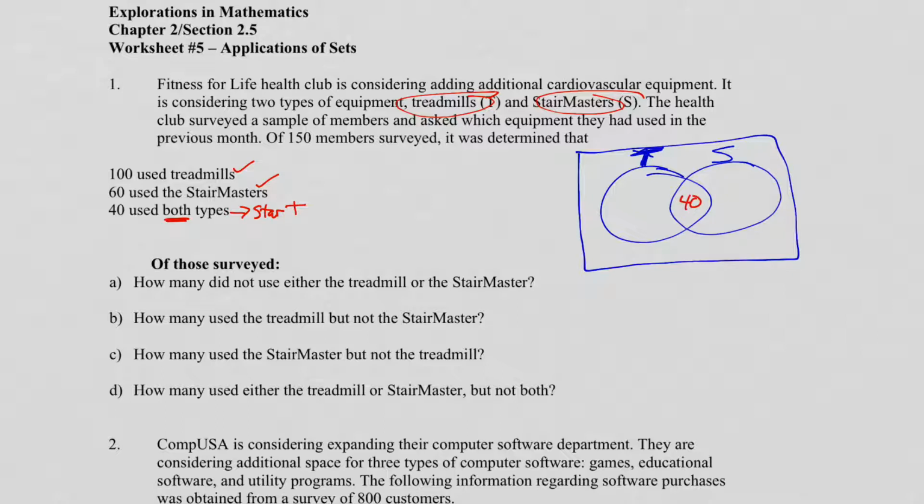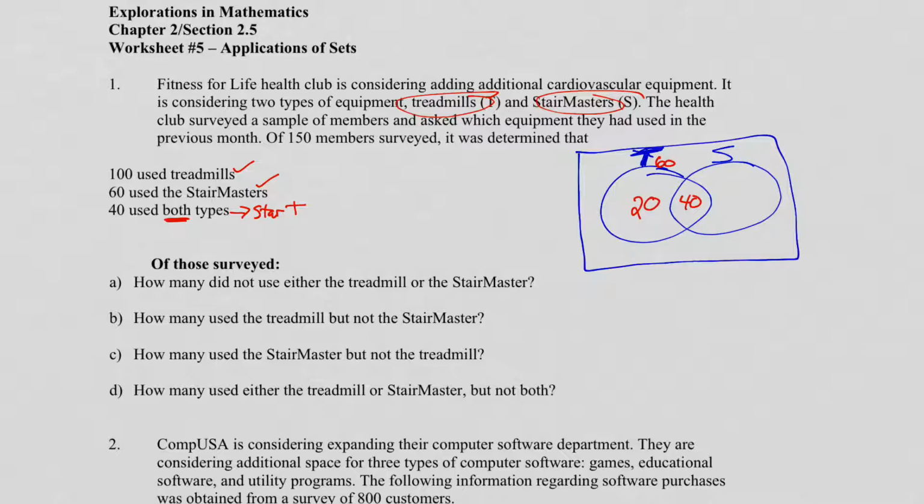Okay, and then 60, I'm going to write it above the circle because the 60 is the whole entire circle. So don't write the 60 in the exclusive region. You want to write 60 above it to remind you that 60 is the whole circle. You already have 40, which means all you have to do is put 20 to make 60.